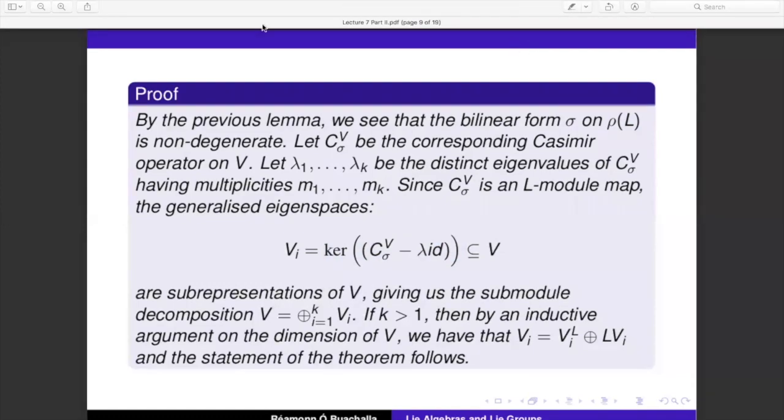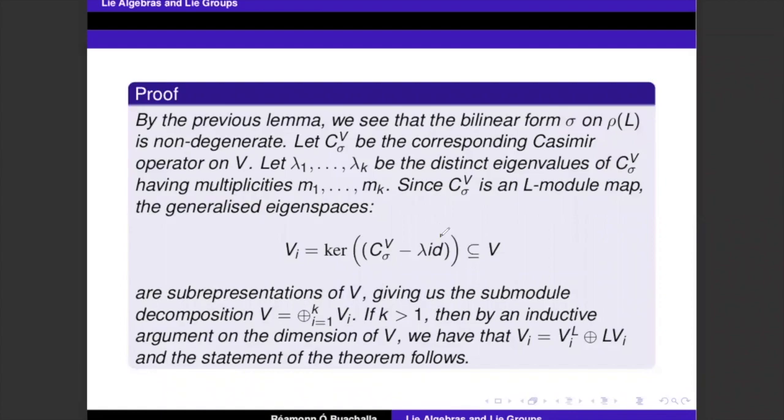Of course, the m sub i should be here. And these will give you generalized eigenspaces. And moreover, it will give you a decomposition of the vector space. Just the usual theory of Jordan normal forms that you would know from your first year algebra.